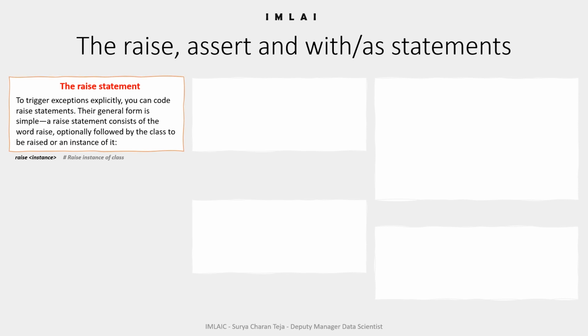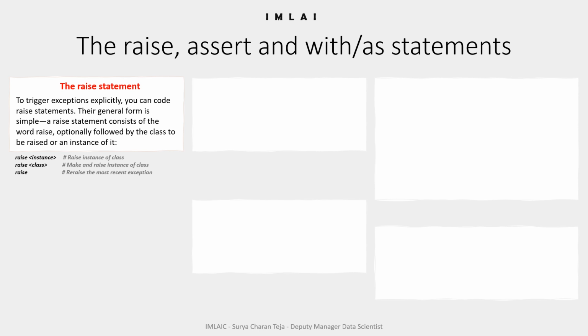So raise, optionally you can use a class, raise an instance of a class, or just raise, re-raising the most recent exception. You don't need to add anything after that. These are the different ways we can use the raise statement.